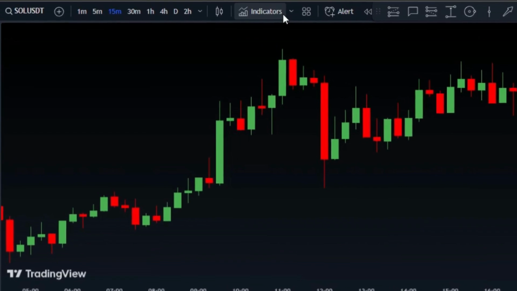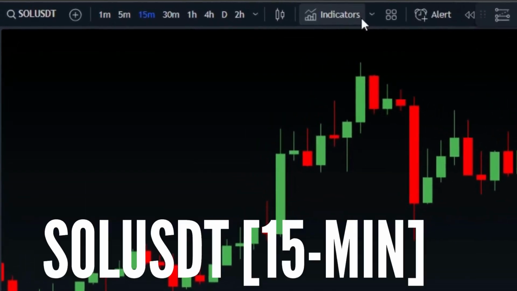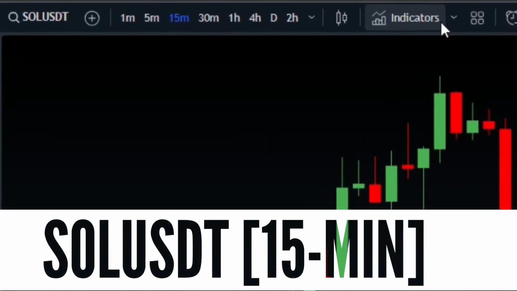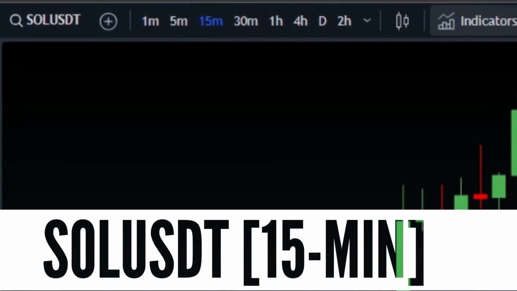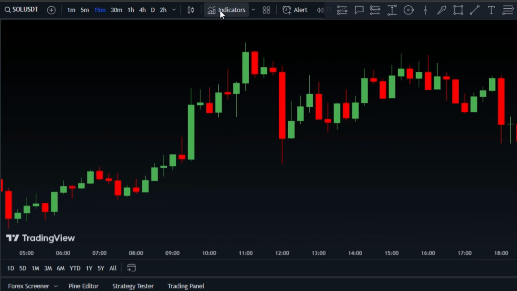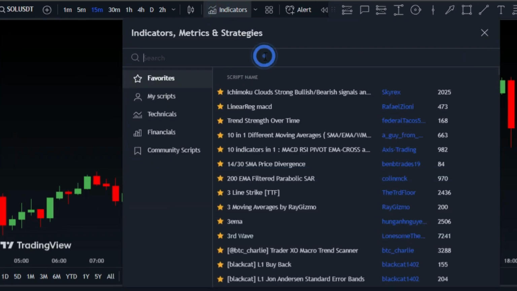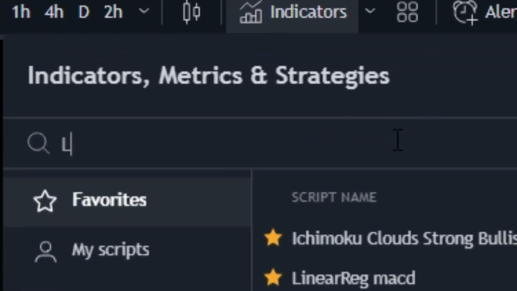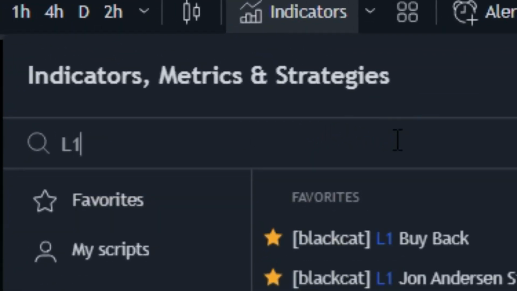For example, I'll be using the Solana chart with the 15-minute time frame. Now, let's get down to business by adding our first strategy indicator. Head over to the indicator section on the TradingView website and add the L1 buyback indicator to your chart.